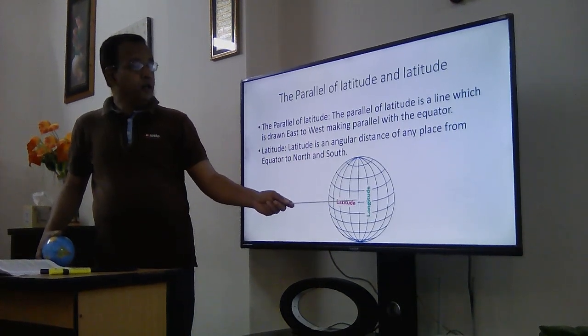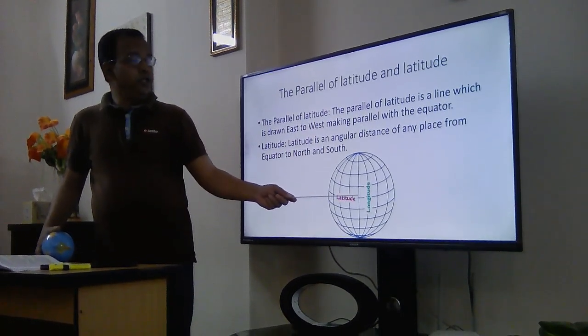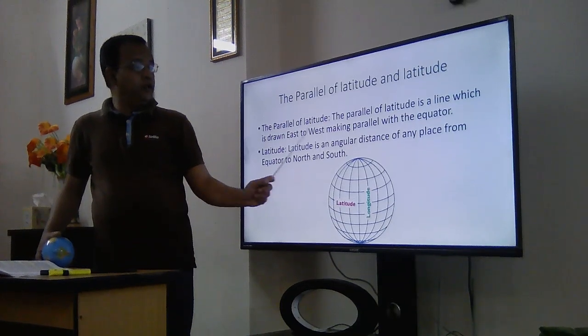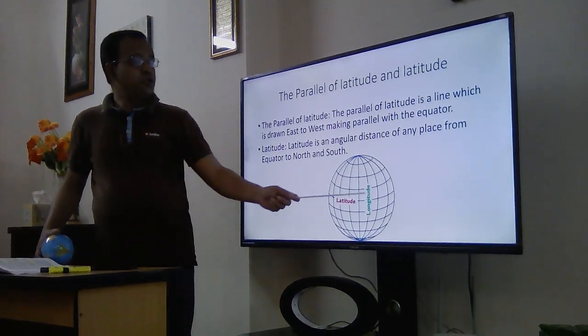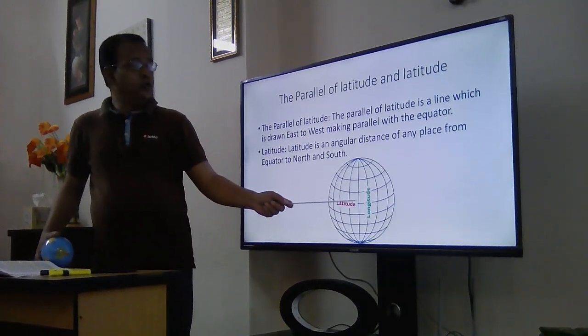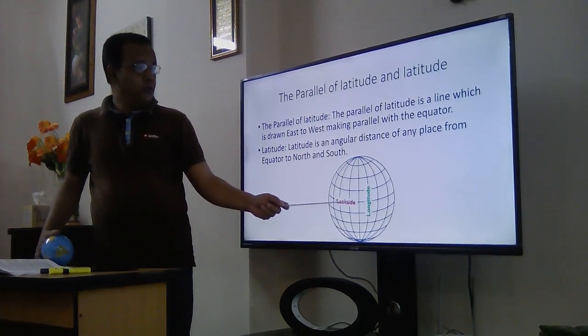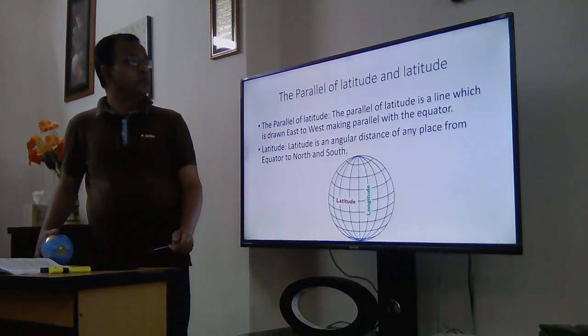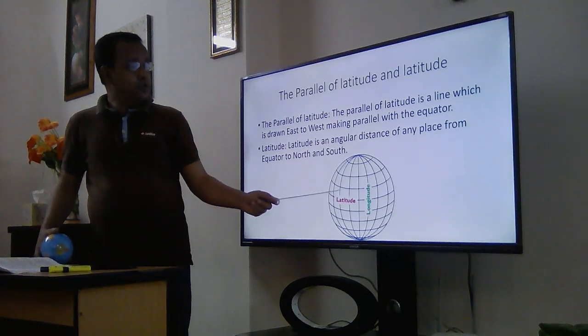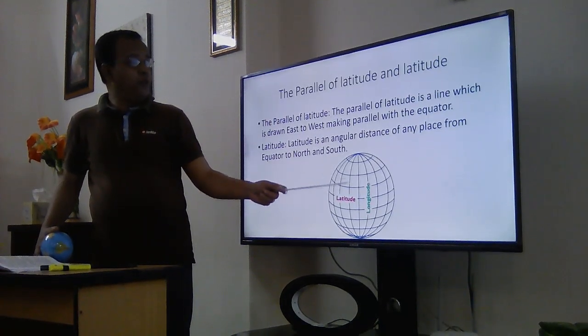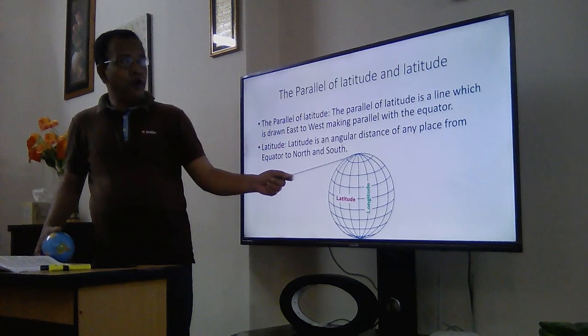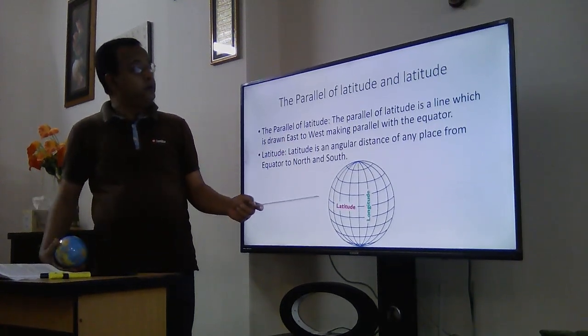The lowest value of parallel of latitude is 0 degree and the highest value is 90 degree.